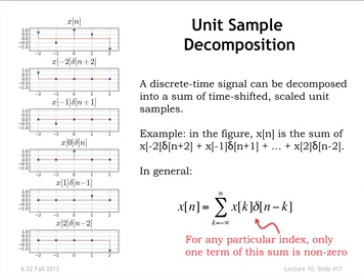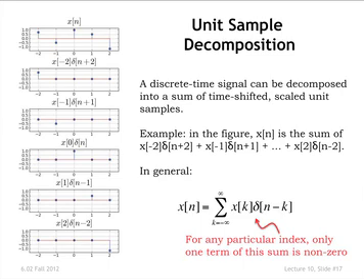So what I'm basically doing is decomposing the input into a weighted combination of unit samples, right? And you can always do that. And it looks a little magical when you put it into notation like this, but that's basically all that it's saying.